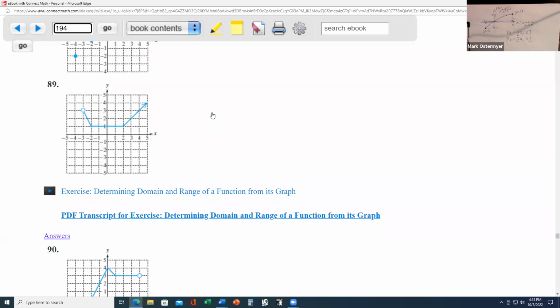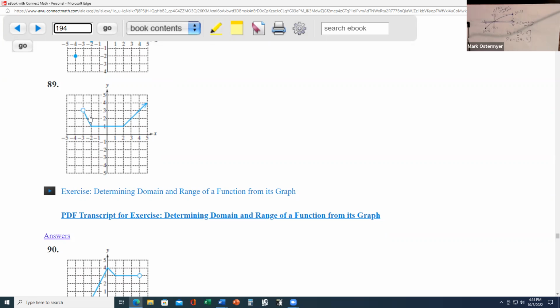All right, number 89. What would be the domain of this function? The domain would be the set consisting of all x coordinates of all points on the graph. Notice this arrow indicates that this graph goes on upwards forever. Okay. So what would be the smallest x coordinate of any point found in my domain?